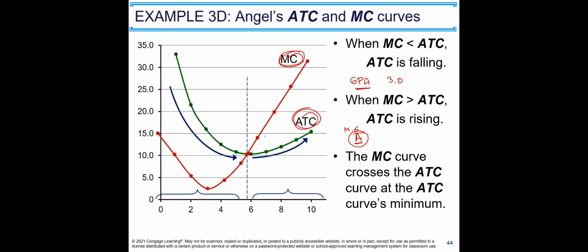Then this is going to pull up the average grade. Your GPA is going to increase. But if you add instead a grade lower than your average, then your marginal grade is going to pull down your average grade, your GPA. That's what happens. When your marginal grade is less than your average, it pulls down your average. When your marginal grade is higher than your average, it pulls up the average.